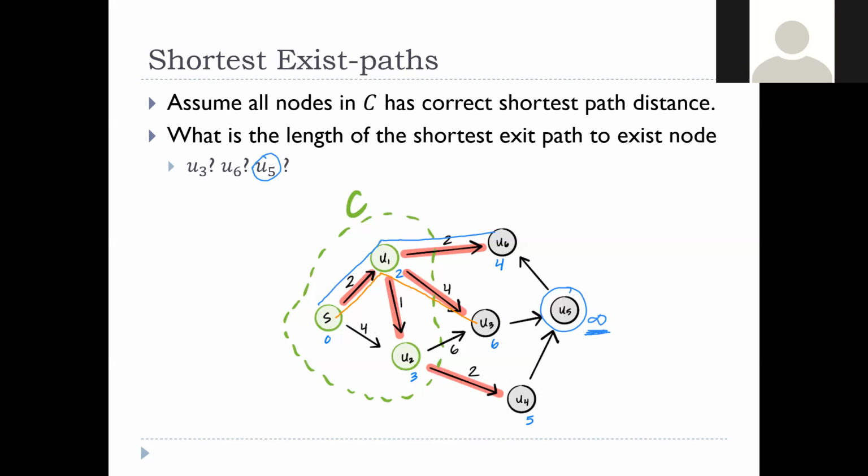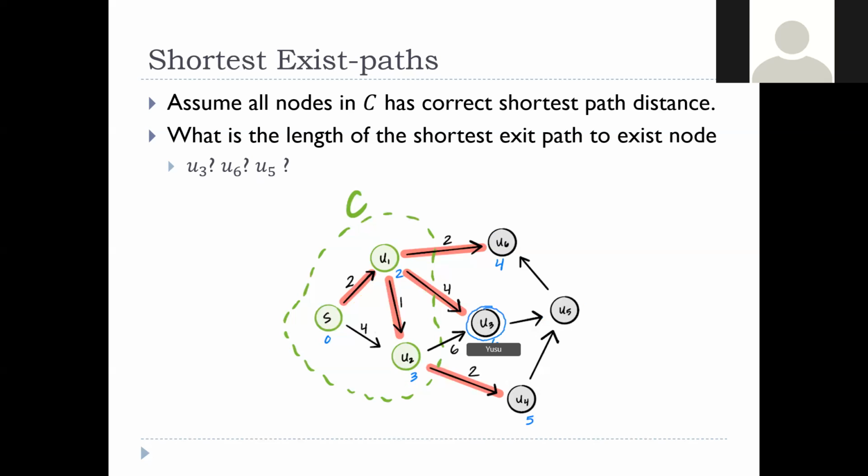Number two is that if you look at all these shortest exit paths, what do we notice? Well, we notice that the length of the shortest exit path is exactly equal to the estimate I have. Again, just think about the shortest exit path to node U3.